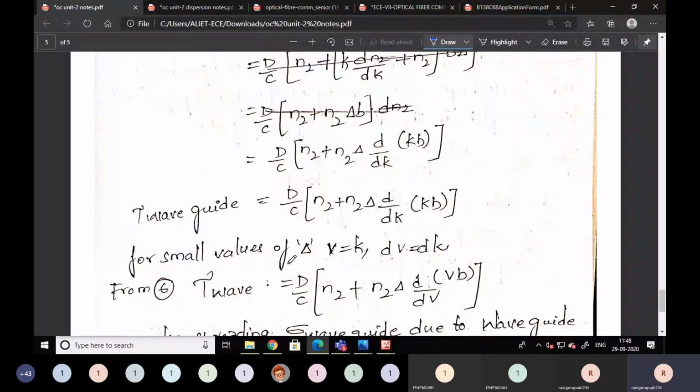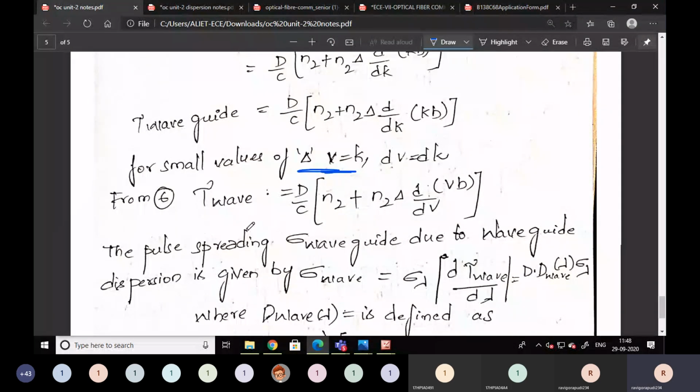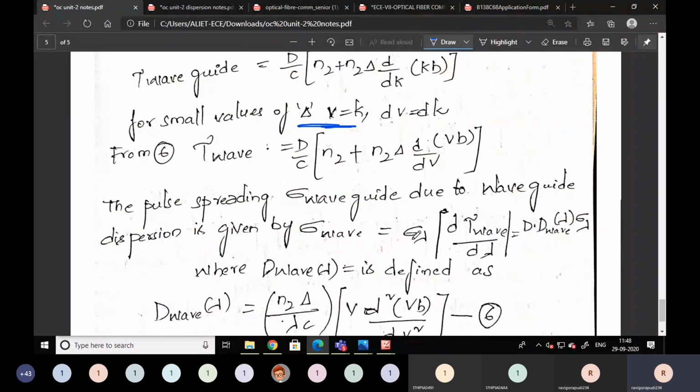For small values of delta, V is equal to k and dV is equal to dk. V is the V number, equal to propagation constant k. That's why dV is equal to dk. Then finally, waveguide time delay: tau wave is equal to d by c into n2 plus n2 delta into d by dV of Vb. In place of k we are substituting V. This is the final one.